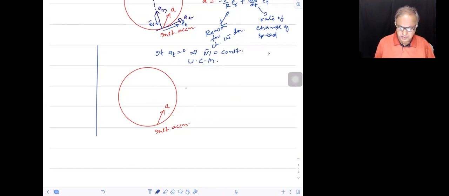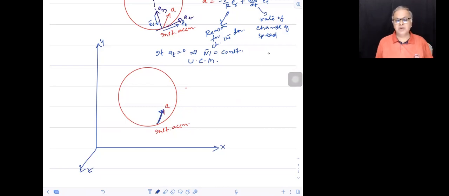Instead of choosing the origin there and moving the coordinate system along with the particle, here what I do is I will express the same A in this coordinate system. This is X, this is Y, this is Z, and our A here, this is A we told for the particle.